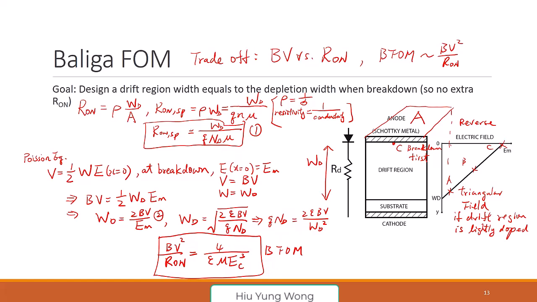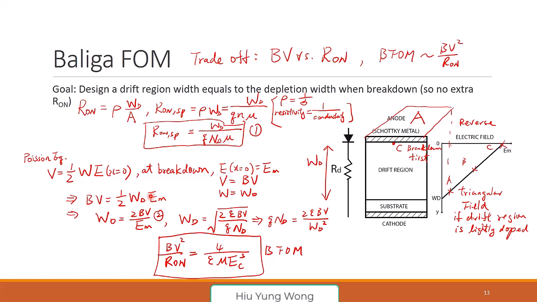You're not required to know how to derive this, but you're required to understand what we are doing. For example, why we need to find the on resistance, why we need to find the breakdown electric field, because we care about this trade-off. And on resistance depends on what? Depends on doping and the length. Breakdown depends on what?